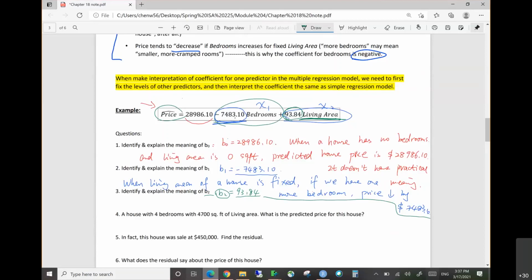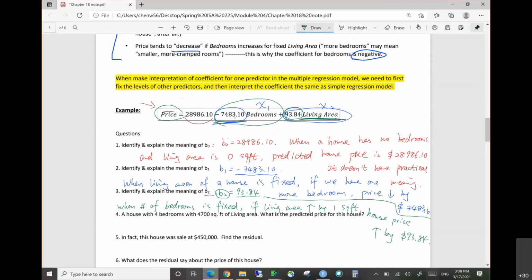So that means first we say when the number of bedrooms is fixed, then if the living area increases by 1 square foot, the house price will increase by 93.84. Perfect. Good job. Thank you.